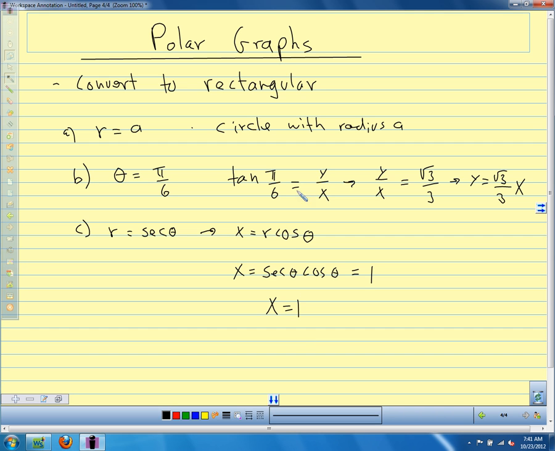So we just used our conversion, substituted secant theta in for r, and we got x equals 1. So that's a line, another line. So starting to become familiar with some of these equations is a good thing when we're talking about polar and rectangular.